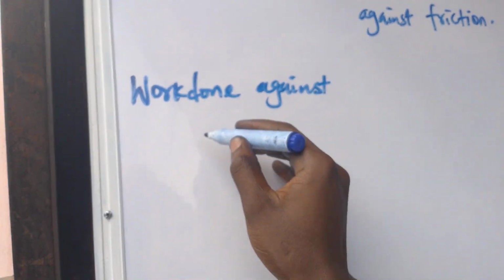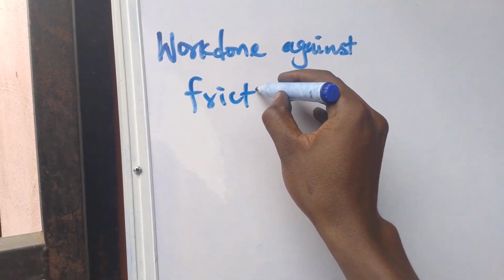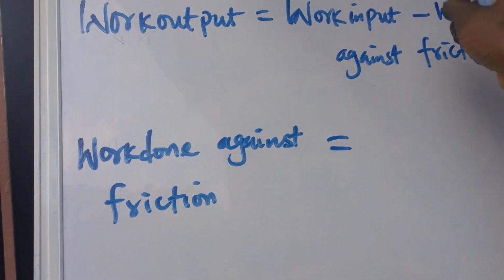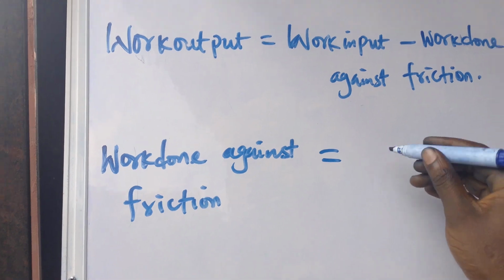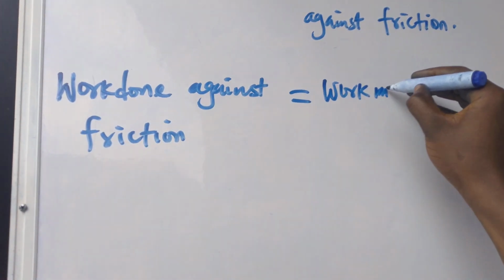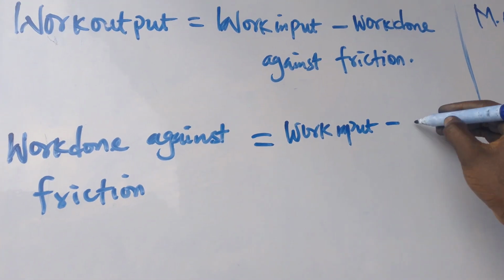Work done against friction will be equal to, you carry this one over here, then take this one here. That's work input minus work output.